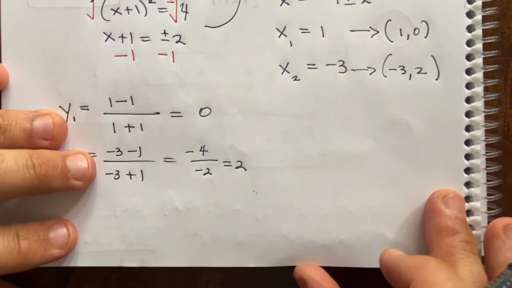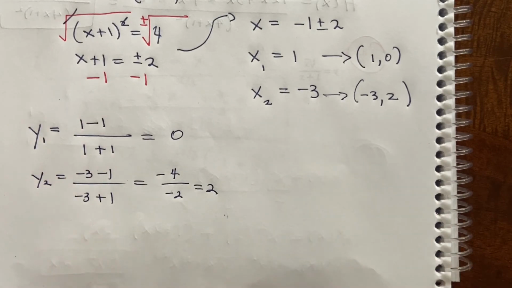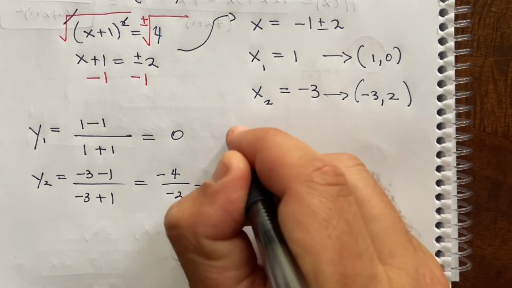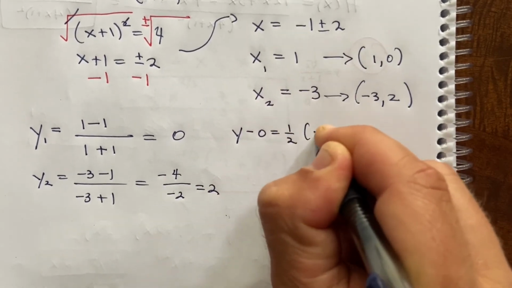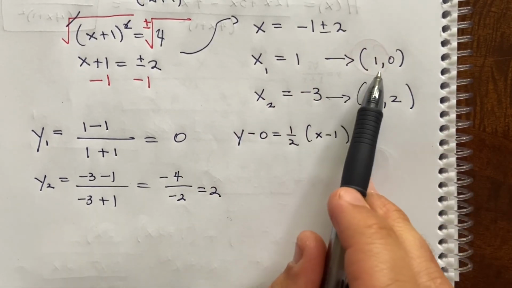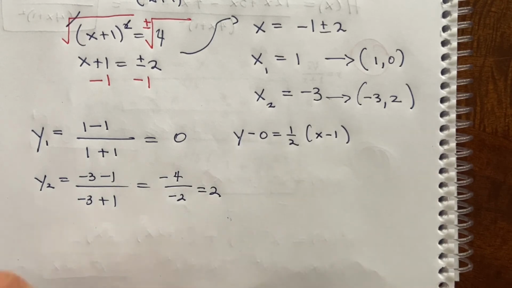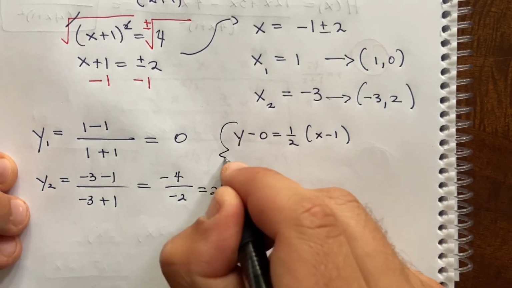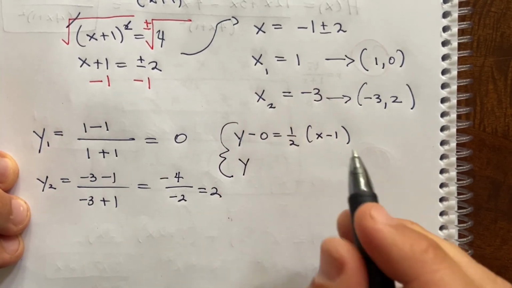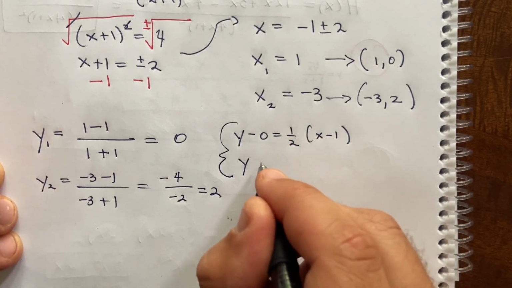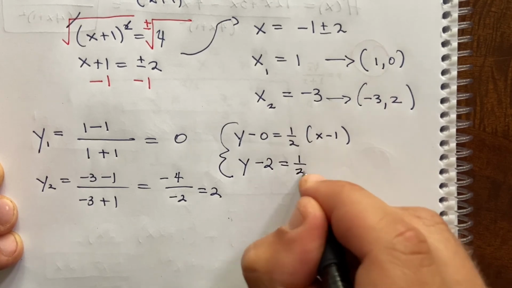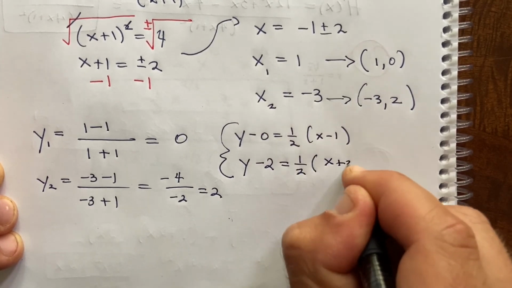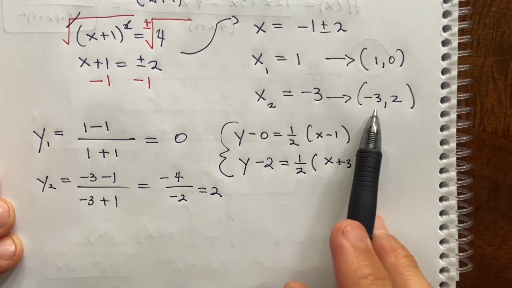So I can go ahead and write them now. So I would have y minus 0 equals 1/2 times x minus 1. That's using the first point in point slope form. And then I would have y minus 2 equals 1/2 times x plus 3 in point slope form.